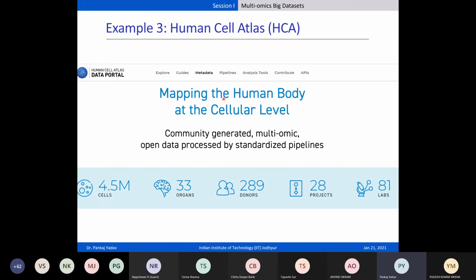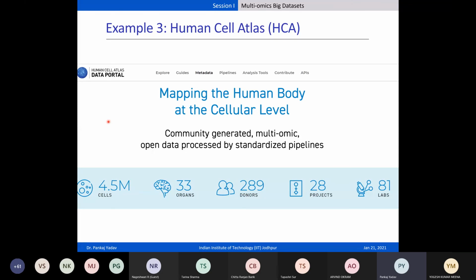So now the idea is to look at the cellular level and try to understand what the differences are between cells that belong to the same tissue, and why they are behaving differently. A lot of data has been generated, and you can see these are some recent numbers provided on their data portal.